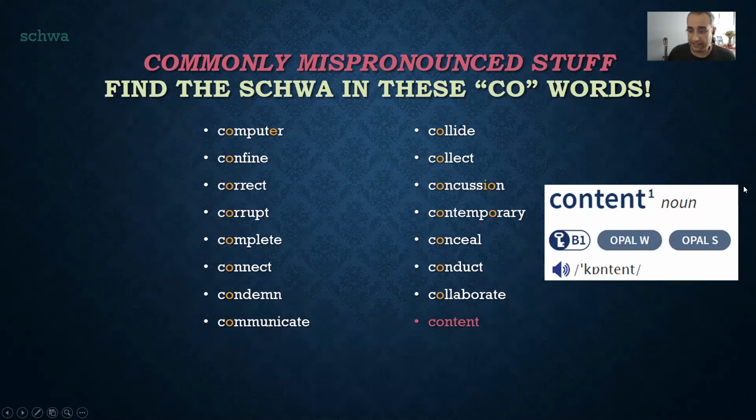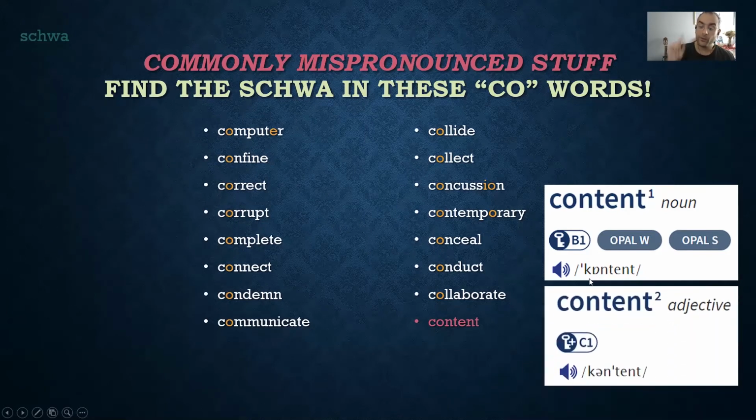What's up with content here? Now, when it's a noun, we say "content," you see? But if it is an adjective, which means happy, like "I'm content," means I'm happy. You see the difference? This is basically what I'm teaching you today. This is a nice summary. Look, the stress is in the first syllable here, right?